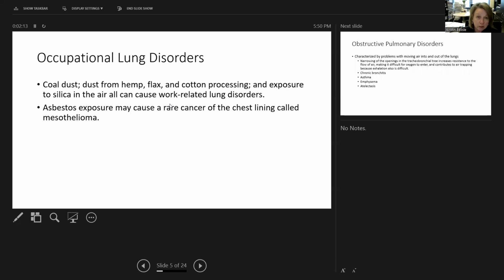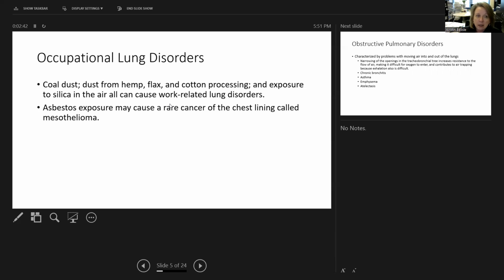Also, I wanted to point this out because we do damage to our lungs, and sometimes we're not aware, or we don't understand this. But occupational lung disorders can happen. Coal dust with coal mines, we've heard of black lung. Hemp, flax, cotton processing plants, any kind of plant that has fibers in the air that we inhale, or anything with chemicals.